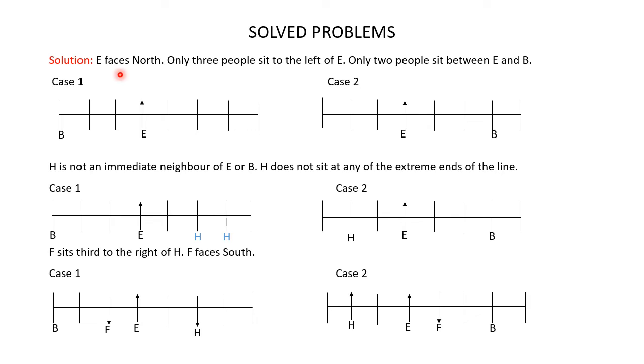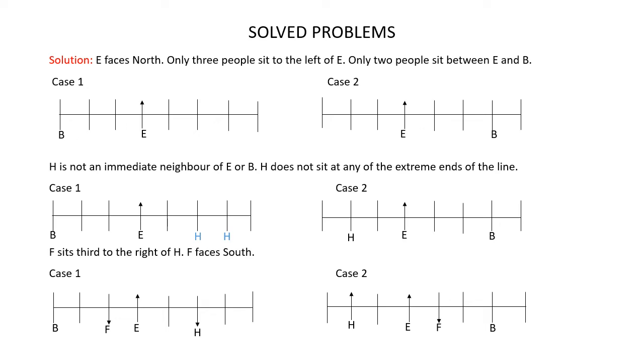It's given E faces north and only 3 people sit to the left of E. So obviously you have to mark E here facing north. Only then 3 people can sit to the left of E. Now it's given only 2 people sit between E and B. Now there are 2 possibilities.